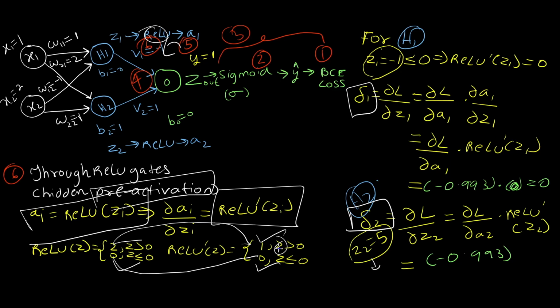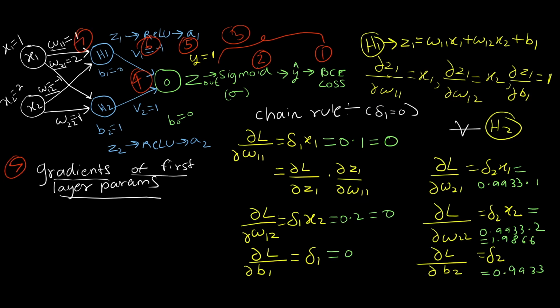So if it's positive, the derivative of ReLU is 1, and that's why we'll have 1 here. Notice that the ReLU is off for H1 because it's 0, so the gradients won't be passed back.